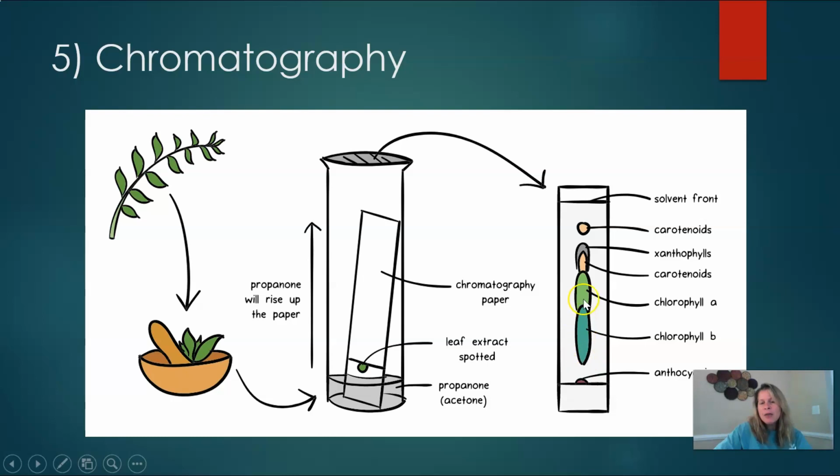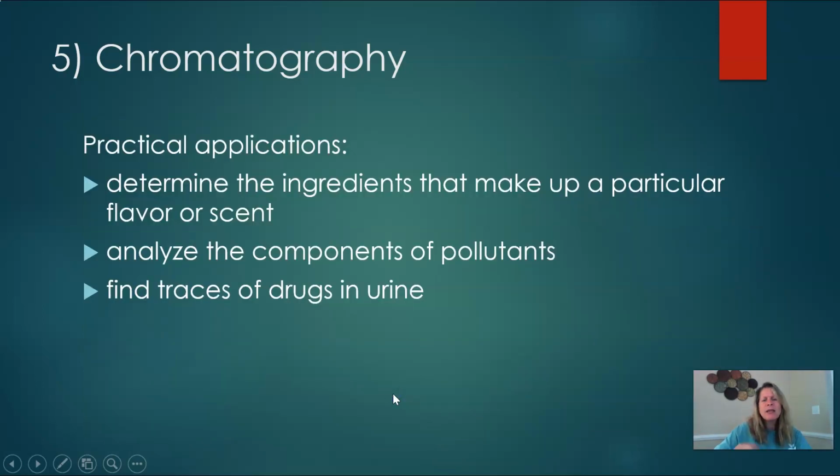And then those pigments that are more soluble, that don't adhere to the paper very well, and that are made of smaller molecules, those would travel further. And then you can see the example here with the plants. You can see the different types of chlorophyll that would be found in that plant leaf. So these are different types of pigments again. This is very similar to the marker situation I was just explaining, only they're using acetone for their solvent instead of water.